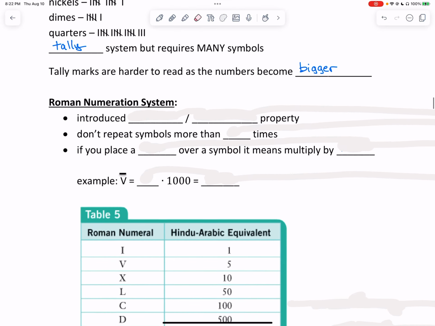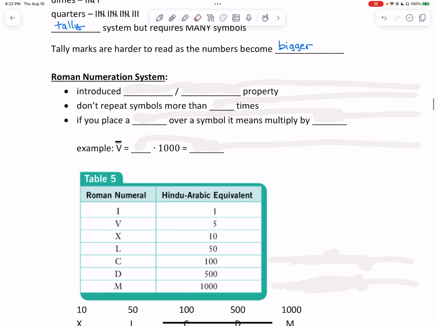Another is the Roman numeral system. So we're going to talk a little bit about the Roman numeral system. When the Romans invented it, they were introducing the additive and subtracting properties. There are several things you need to know about Roman numerals.